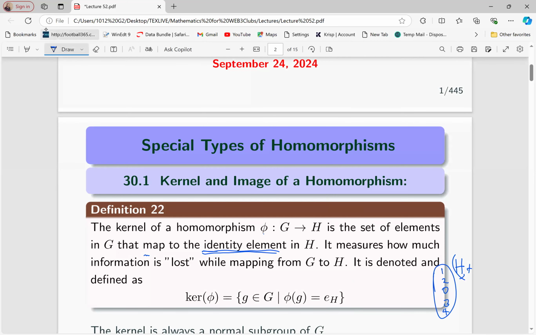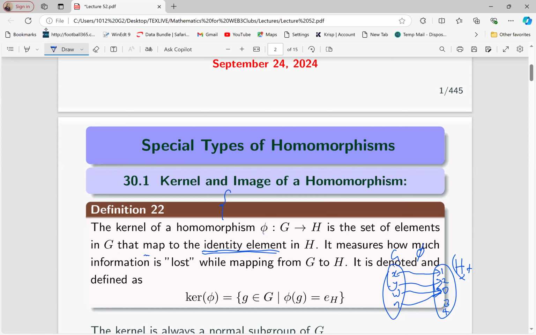Suppose we have this function phi, which is mapping elements of G to those of H. Suppose it maps x to that, y to this, w to this, and n to that. So the kernel, therefore, will be the set of elements which have been mapped to 0.